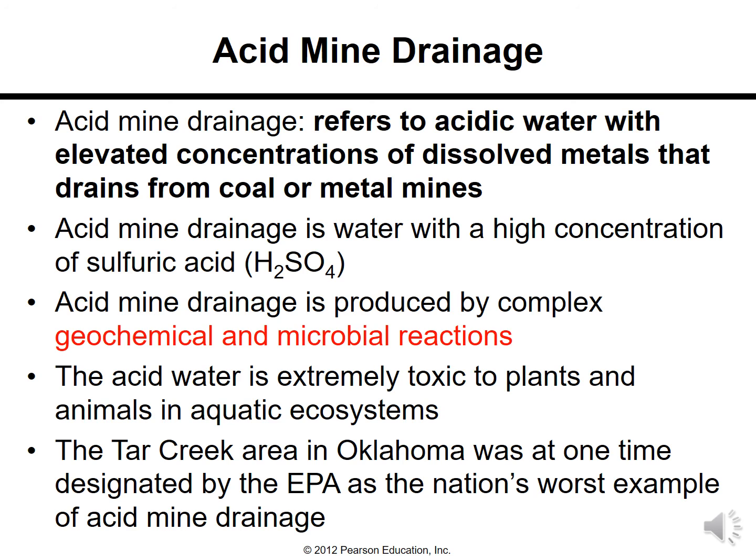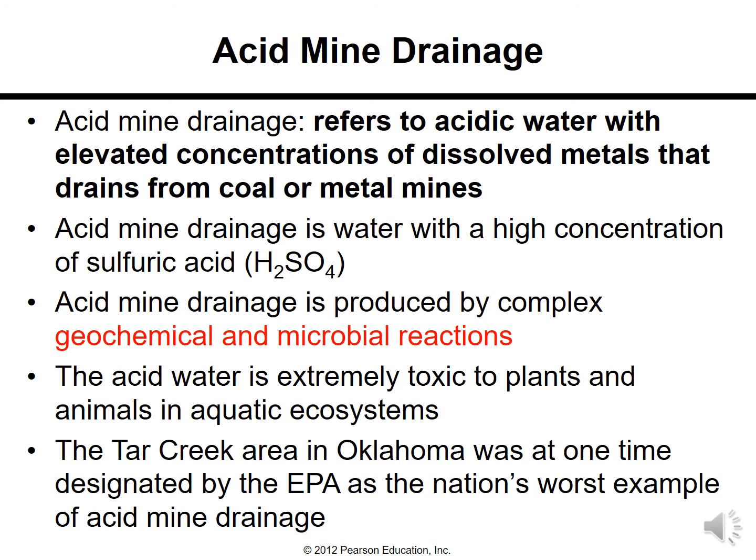Acid mine drainage is water with a high concentration of sulfuric acid in particular. So it's sulfur dioxide mixing with water and forming sulfuric acid. Acid mine drainage is produced by complex geochemical and microbial reactions. That means the microbes tend to make organometallic complexes with some of these metals, colonize, and do a lot of things within this acid mine, creating a lot of environmental issues.